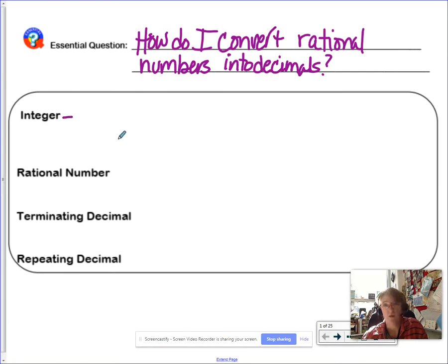well. So if you remember how we defined integers in Module 1 and 2, we said it is all of the whole numbers. That means no decimal parts, no fraction parts, and their opposites.